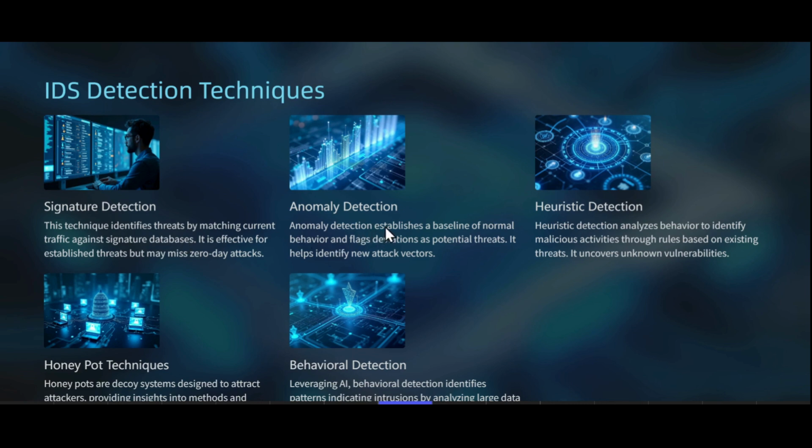Here the IDS establishes a baseline of normal behavior and flags deviations, making it effective for detecting new threats. The third one is heuristic detection. Heuristic detection analyzes behavior using predefined rules derived from previous attacks, helping uncover unknown vulnerabilities.